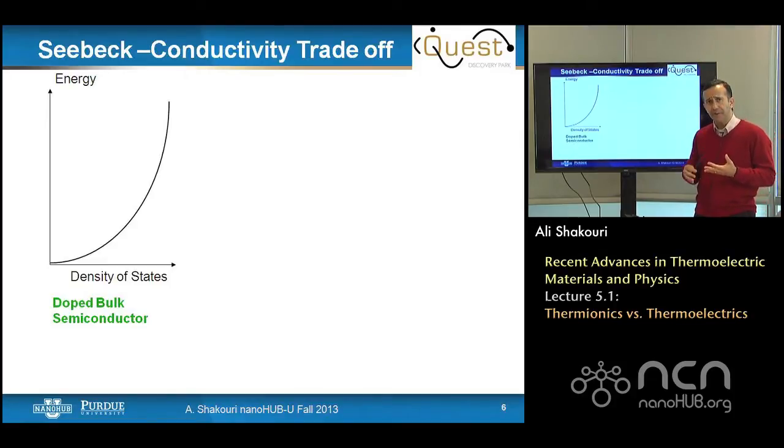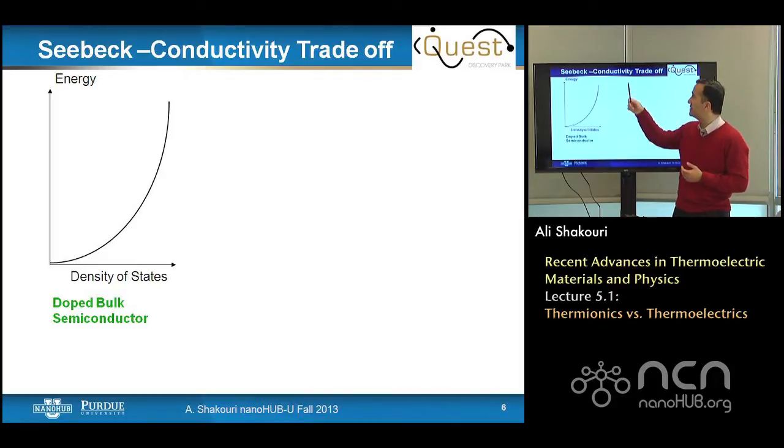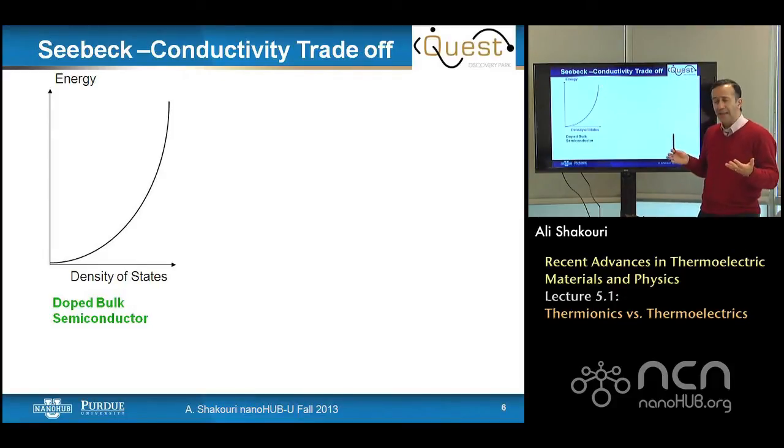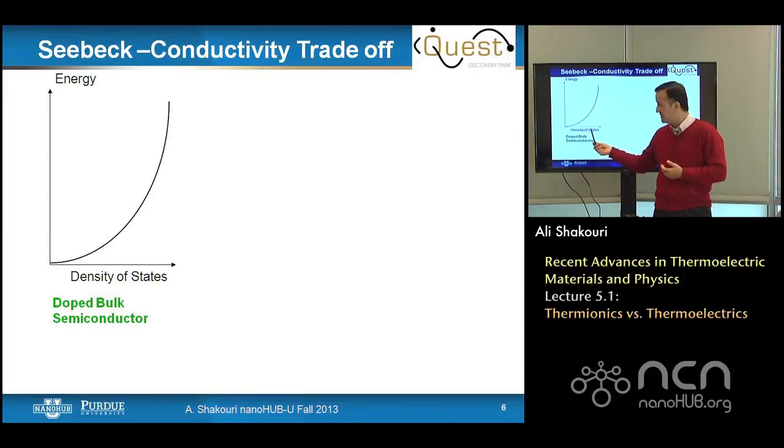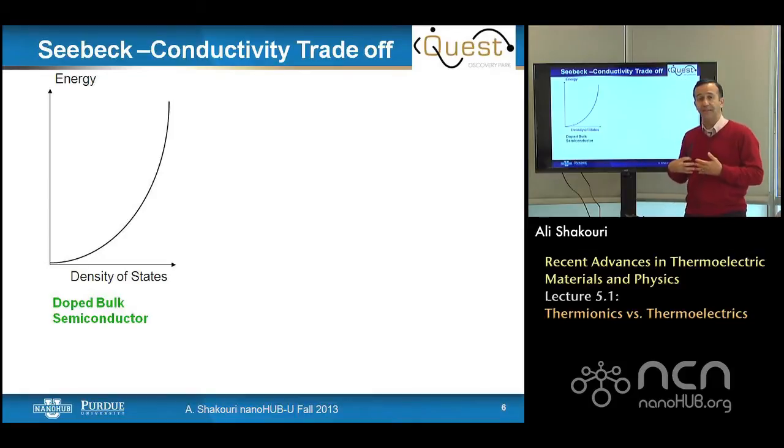Let's start with the fundamental trade-off that exists in any bulk thermoelectrics between the Seebeck coefficient and electrical conductivity. And that can easily be explained using the simple density of states. That's a key component that contributes to the transport function you saw in week 2.